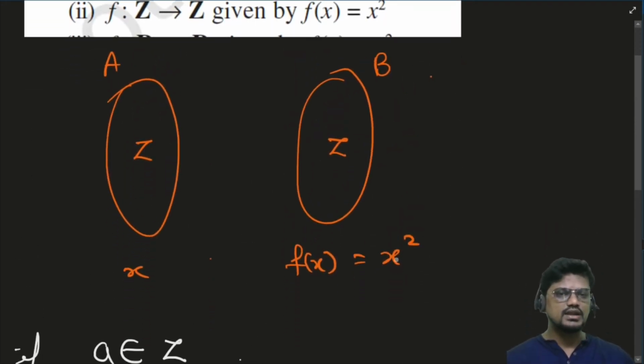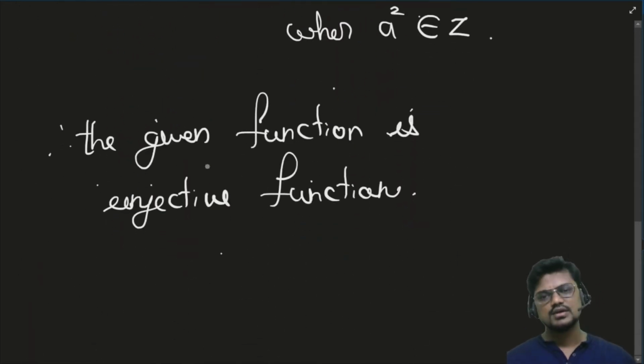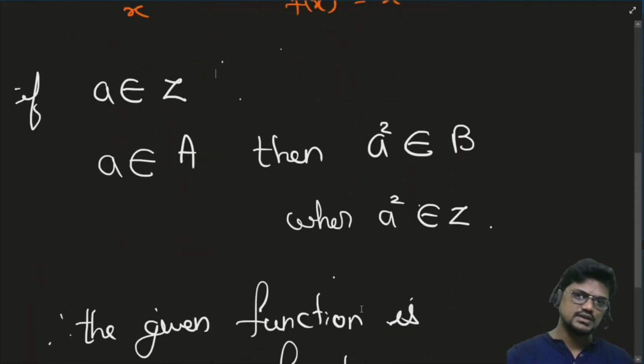If I write for any value, any integers over here, how is it 1-1? See, for every value I'll get a single, oh, yes, it is not 1-1. Yes, right, it is not 1-1, guys. Sorry, it is not 1-1.